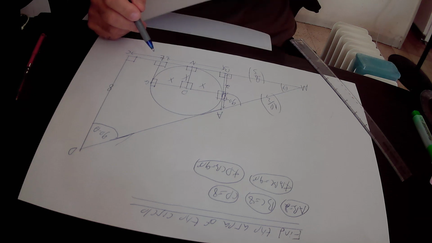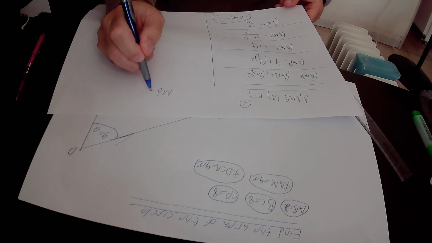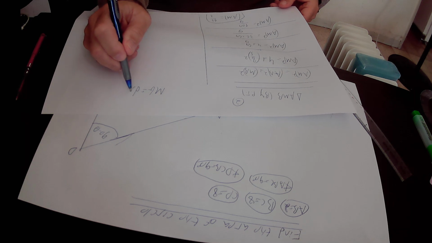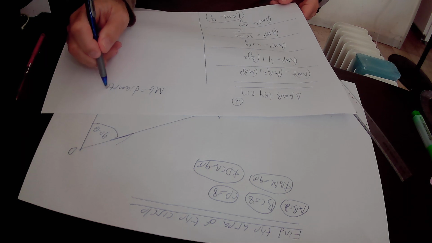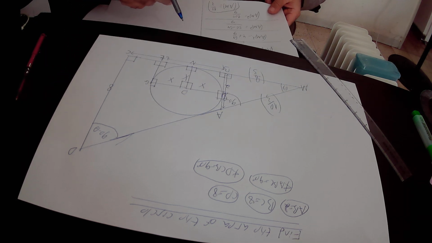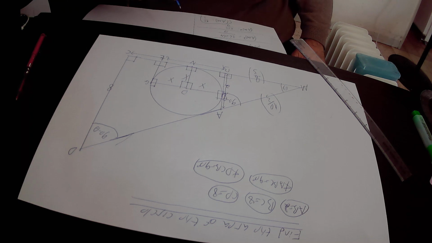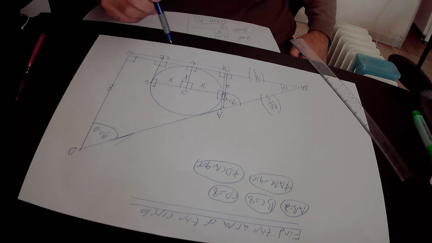So I write it down. MG is the diameter of the circle, because it is a chord that passes through the center of the circle. We'll focus on quadrilateral MGBL.